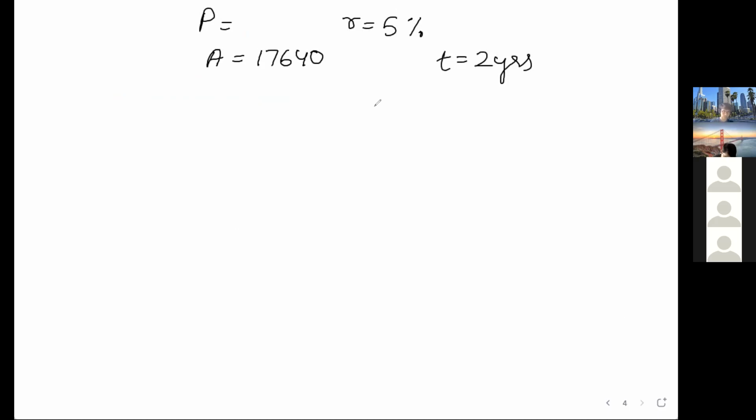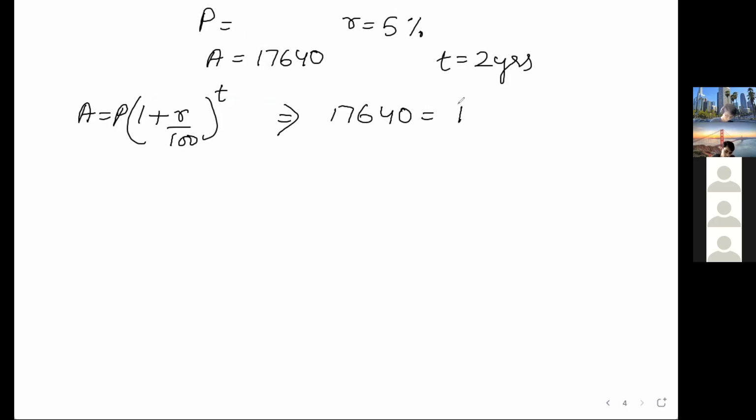Now we can find out again, A is equal to P into 1 plus R by 100 raised to time, amount is 17640 is equal to P into 1 plus R we have calculated by 100 and time is 2.